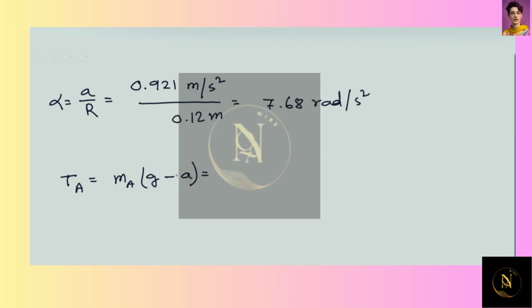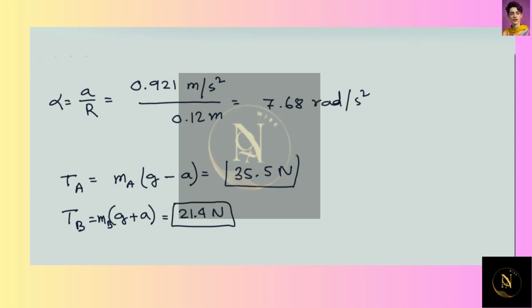And again, if we use all the given numbers, we see that this value is 35.5 newtons, and TB will be MB times g plus a, which is 21.4 newtons. So that's how we figured out TA, TB, alpha, and a.